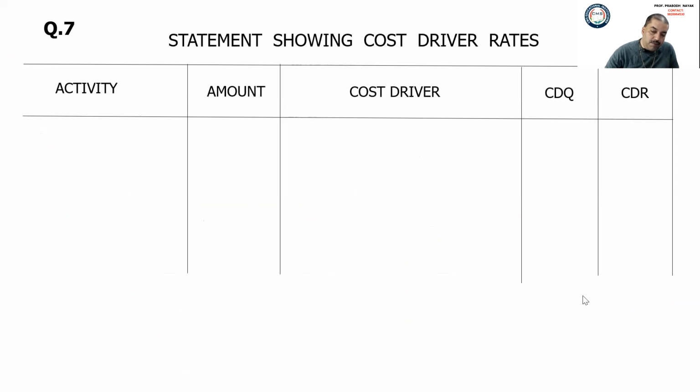Amount is nothing but the cost pool. Another word for amount is cost pool, so don't get frightened by the words. And cost driver quantity, cost driver rate. I'll be back in 2 minutes.